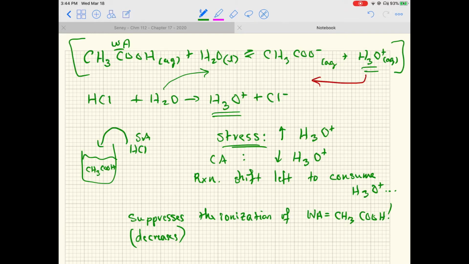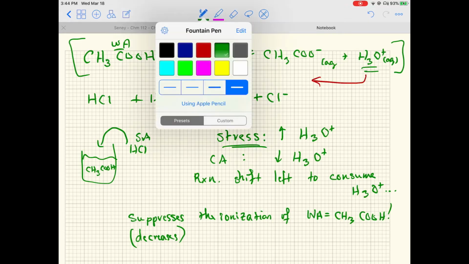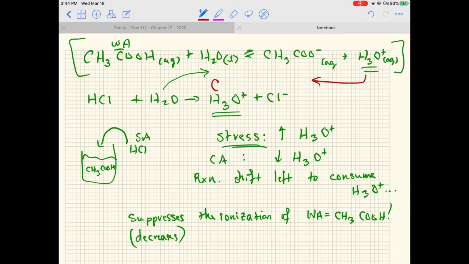So this is a common ion, and we look at it, and you'll notice, I'll write it in red. Here's my common ion, and here is my common ion. Because they're in common, that's why we have a stress. If they had nothing in common, we wouldn't see this, unless there was a reaction, but we don't have to deal with that.